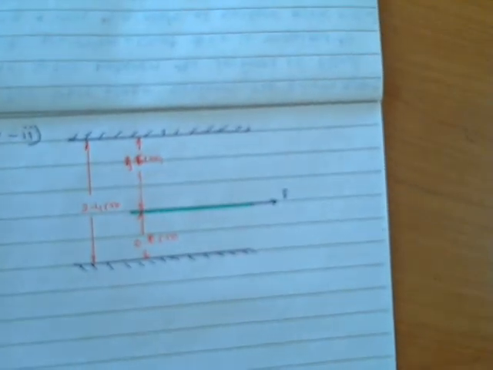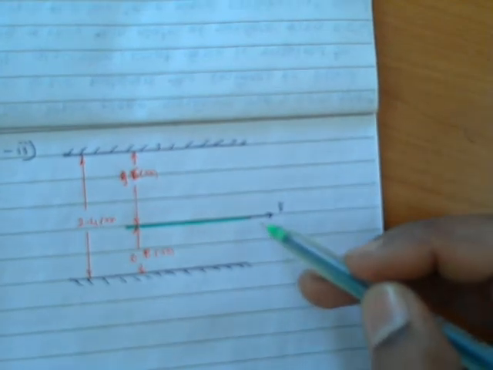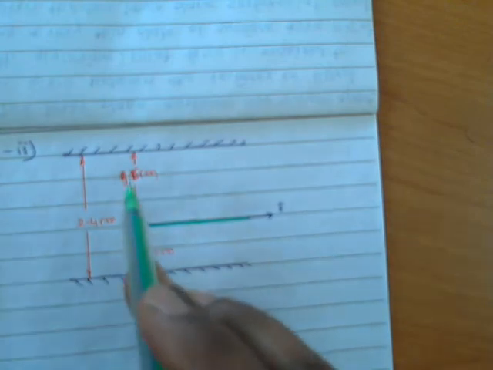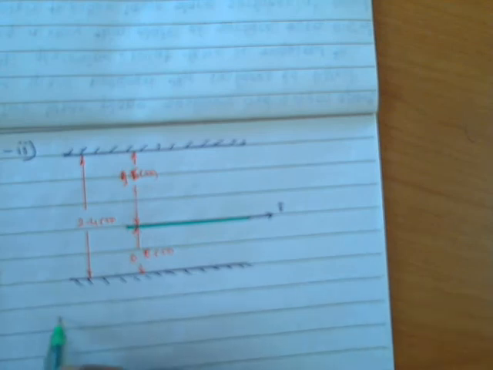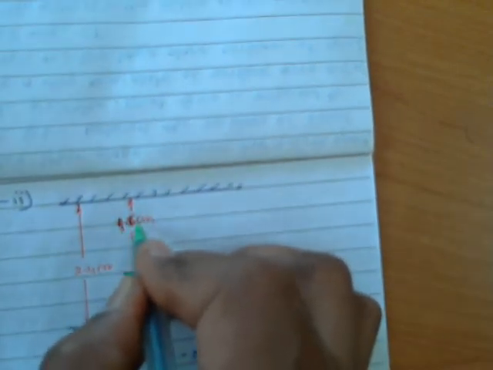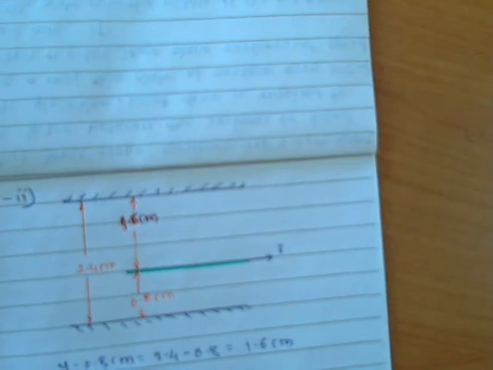Now the second case, in which the plate is available at 0.8 centimeter from one of the planes. So the remaining distance, if you find out, is 2.4 minus 0.8 centimeter, that means 1.6 centimeter. So this is a 1.6 centimeter distance from the other plane.